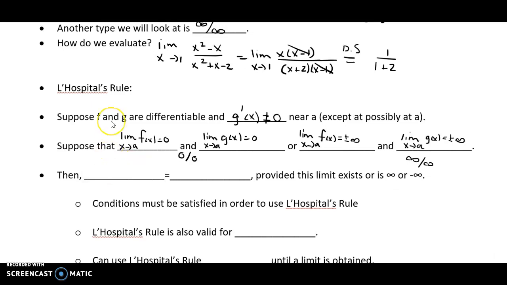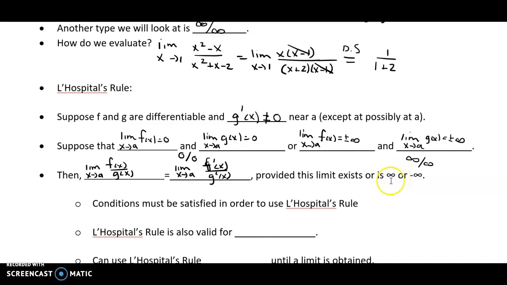So if you have that indeterminate form, 0 over 0 or infinity over infinity, then the limit as x approaches a of f of x over g of x is equal to the limit as x approaches a of f prime of x over g prime of x, provided that this limit exists or is infinity or negative infinity.